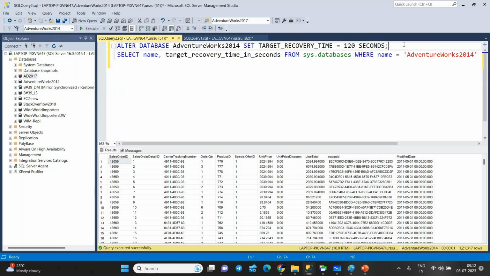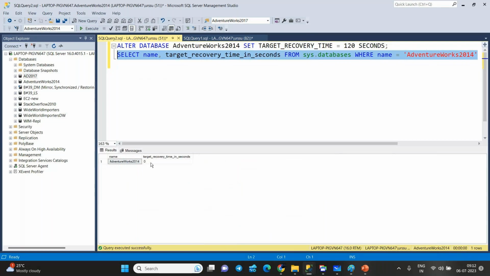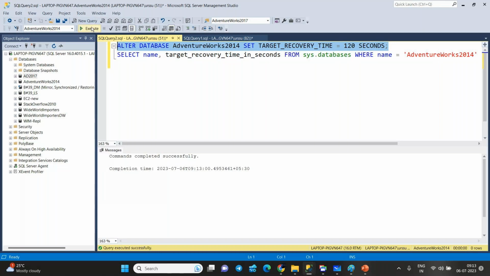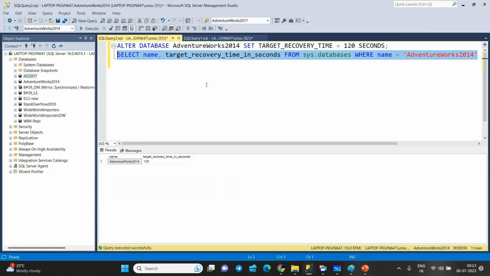So what is the interval time for my database actually? Okay, it's 0 currently. Now if I want to change it to 2 minutes, I can change it for my database. Indirect checkpoint for a specific database, which was introduced in SQL Server 2012.